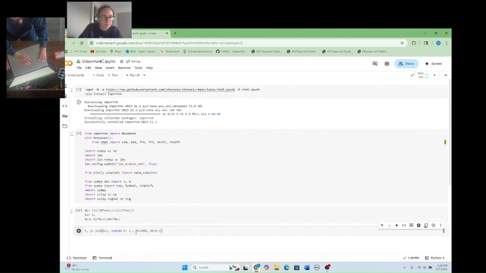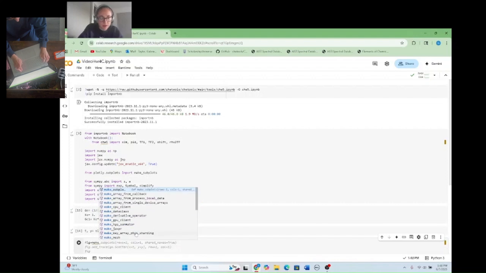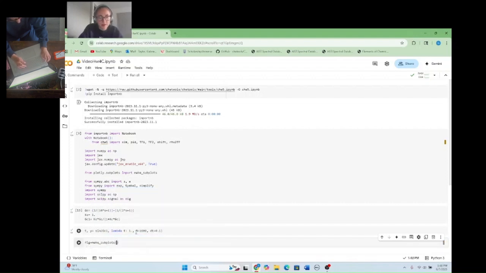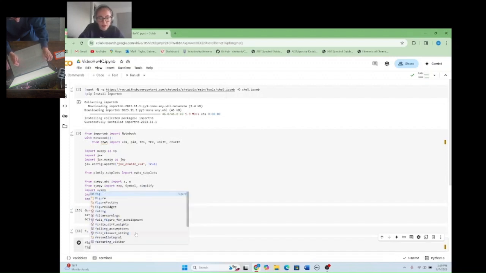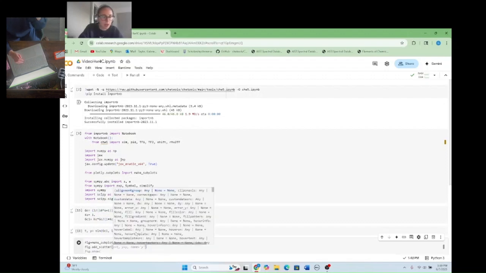And now we have our fig make subplots. So we're going to make our figures. And then we're adding our scatter plot.